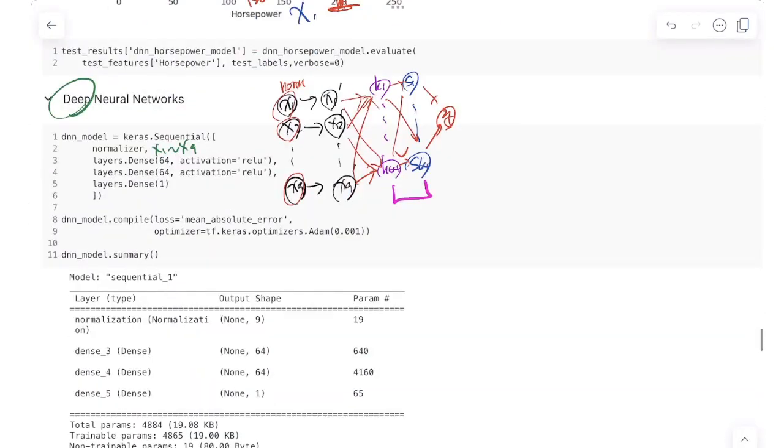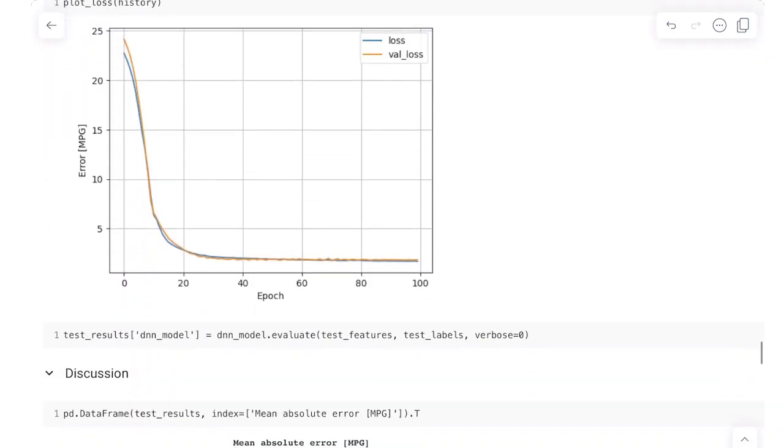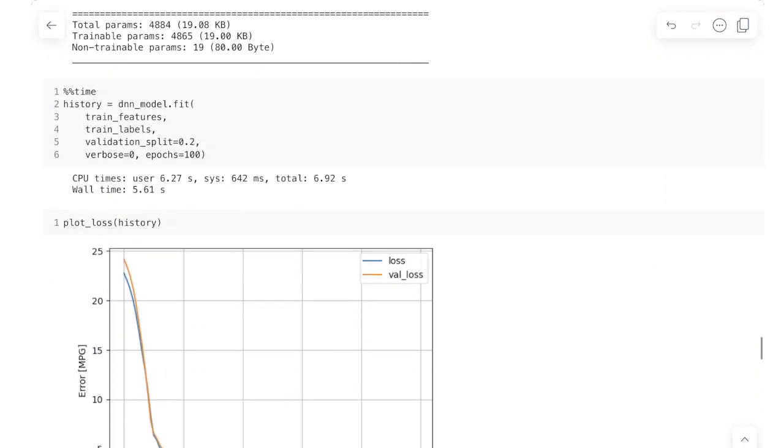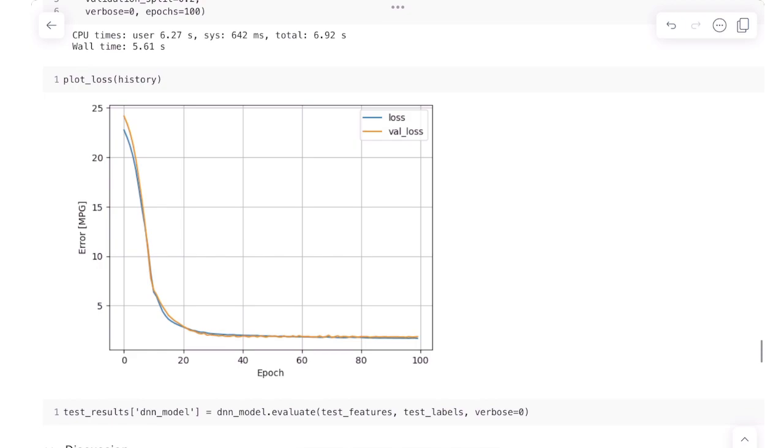So again, the last model will be the most complex one because we have 9 different input values, and we have 2 different layers right here, and they are all dense layers. I suppose you know how to read this right now. Again, we learn, and we have the corresponding loss value and validation value.